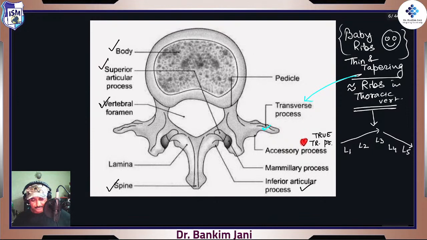Next is the lamina, right? This lamina is what is connecting the spine, and it is actually completing the arch. So it is short and broad, right? That whole thing, when it forms, is called the neural arch, right?